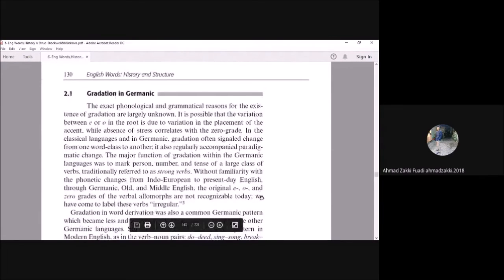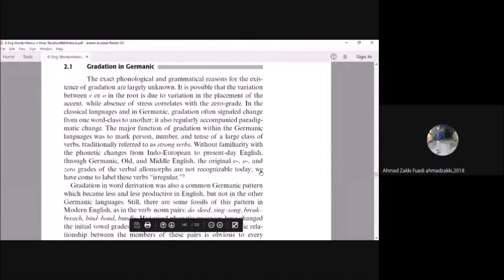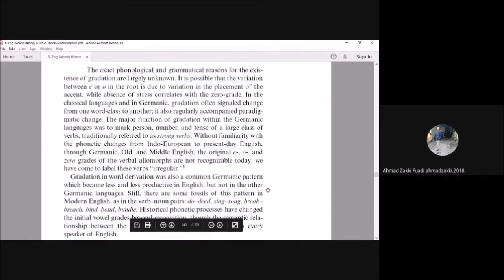The exact phonological and grammatical reasons for the existence of gradation are largely unknown. It is possible that the variation between E or O in the root is due to variation in the placement of the accent, while absence of stress correlates with the zero grade.